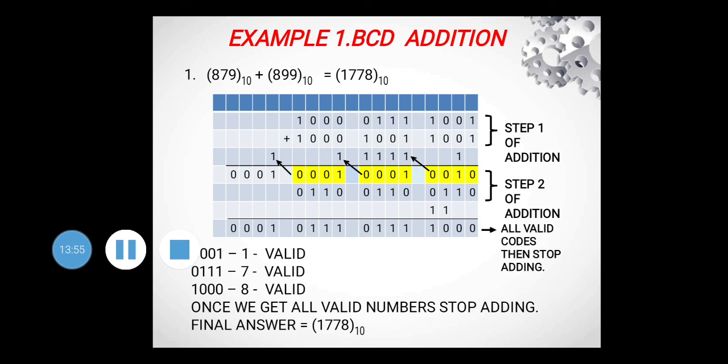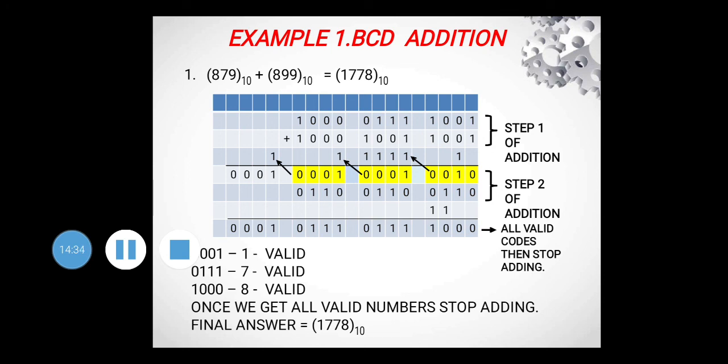Now step 1 we have done, and now we are going to check for valid numbers. Now 0001, the last one, is a valid number, so nothing to add there. Now in step 2, go on adding whatever we have written there. After addition, after getting the result, you are going to check for valid numbers. 0001 valid, 0111 valid, 0111 valid, and 1000, that is 8, is also a valid number.